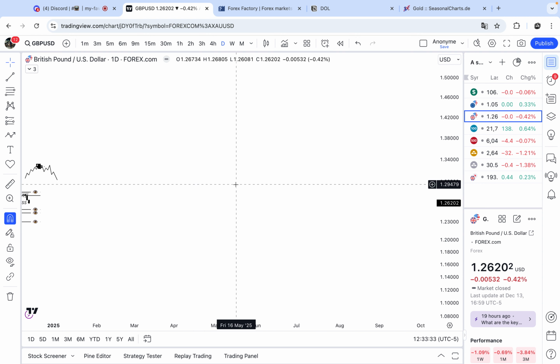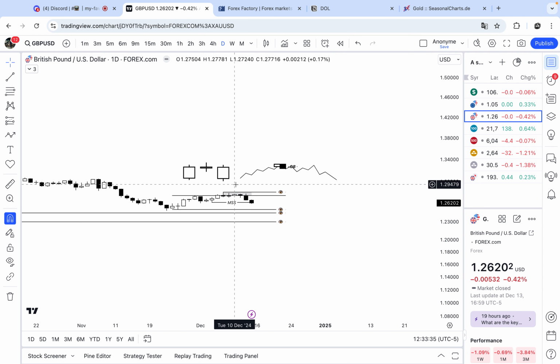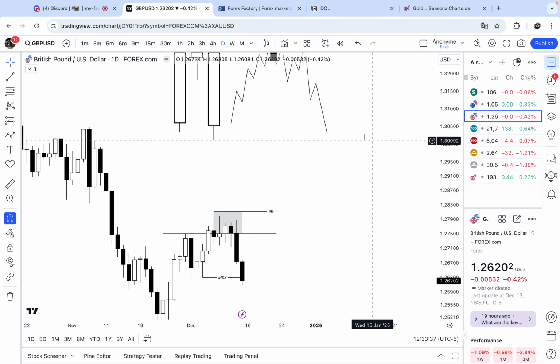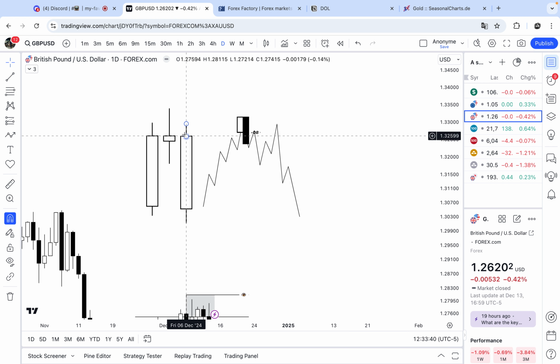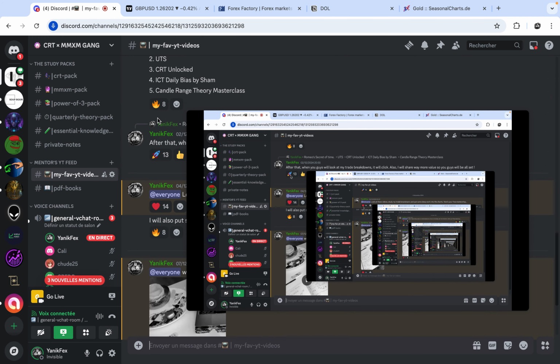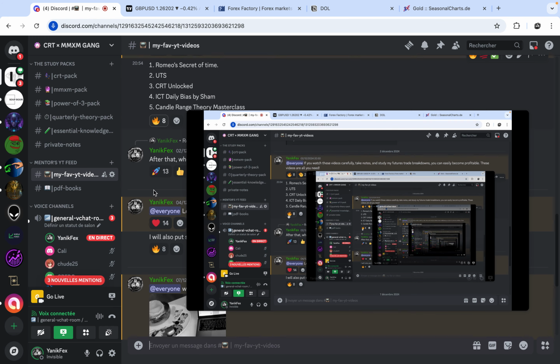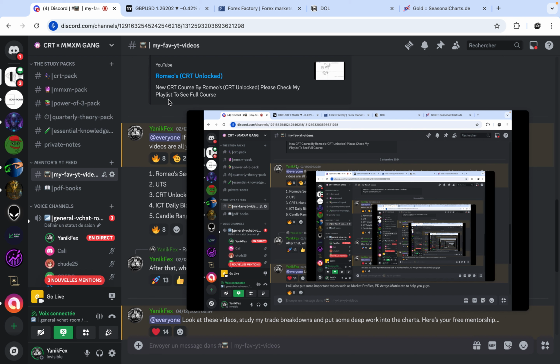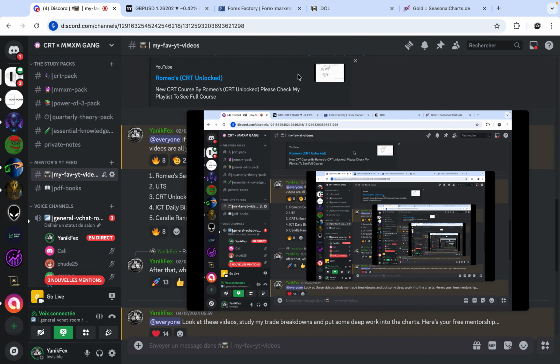Where is it? Right there. That's how you're entering. You're either waiting for the third candle or you're entering here, model one. If you go here on the CRT unlock, Romero explains how to enter a three candle model.